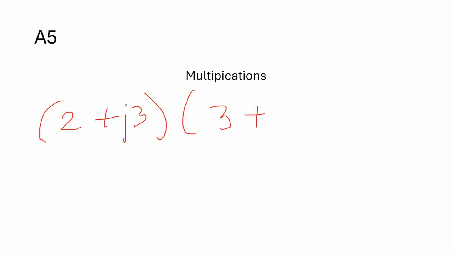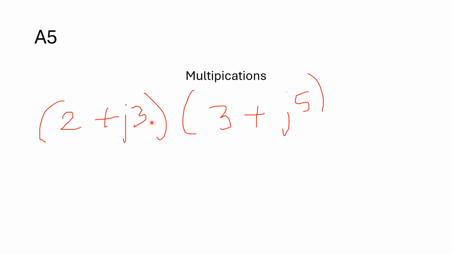Okay, so the next part is multiplication of complex numbers. Let's say, for example, we have a complex number that consists of a real part and an imaginary part. Let's say it's 2 plus j3 here, and then here we have 3 plus, let's say, j5. So we will normally do the very same thing that we do when we solve binomial multiplications.